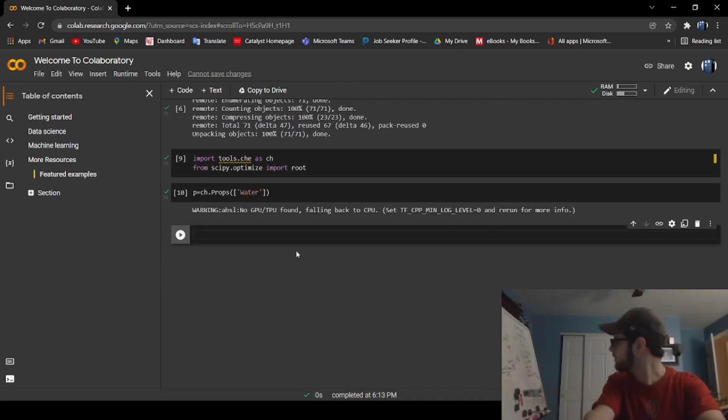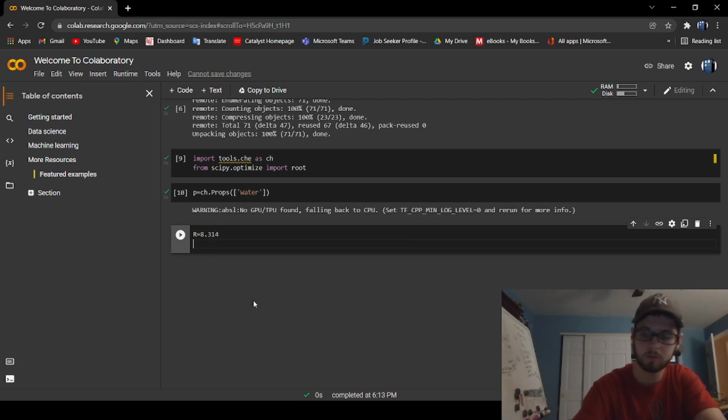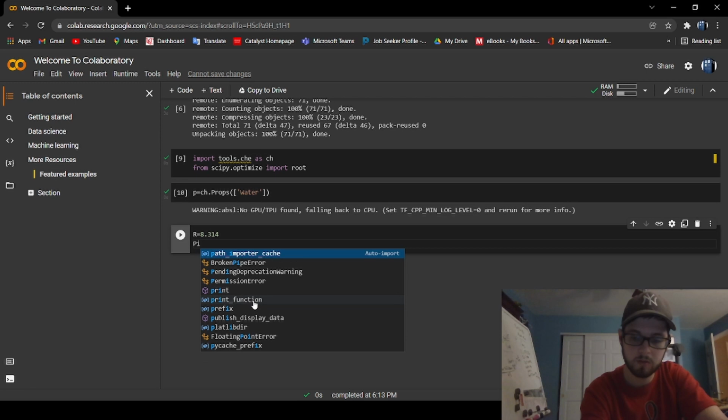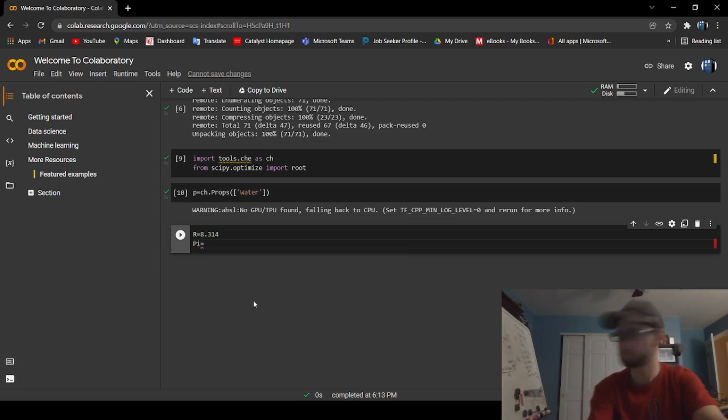And then we want all of our knowns to be done. I got my knowns right here. R is equal to 8.314 kilojoules per mole. The initial pressure is equal to 101,325 pascals.